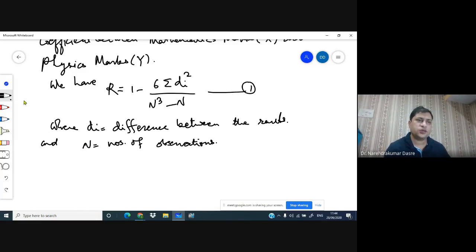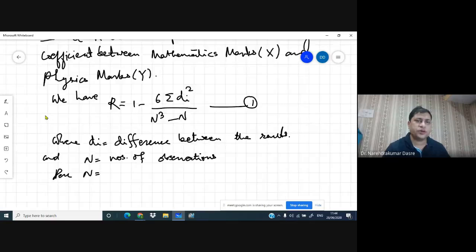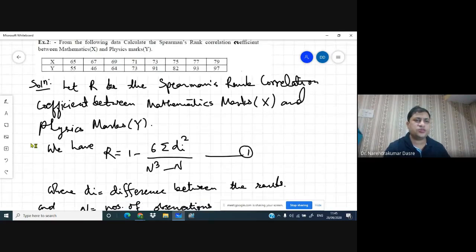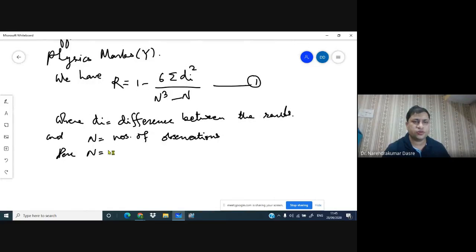Okay, so that's what we have. Now if I want to calculate this di, let us calculate the table. What is the value of n here? How many observations are given? So you can see there are 8 observations given. So here the value of n is going to be 8.